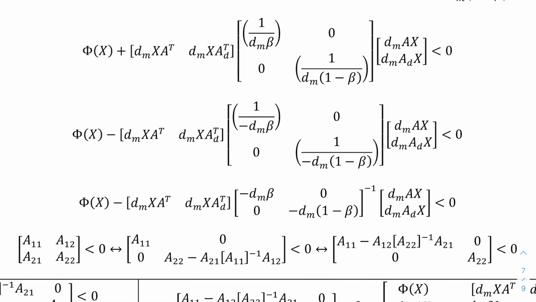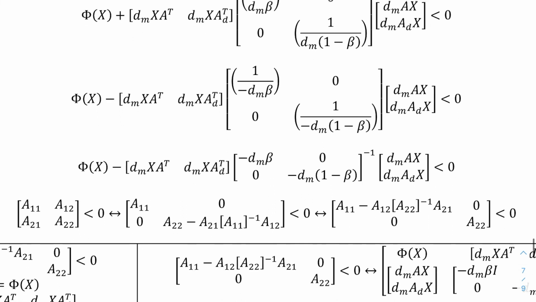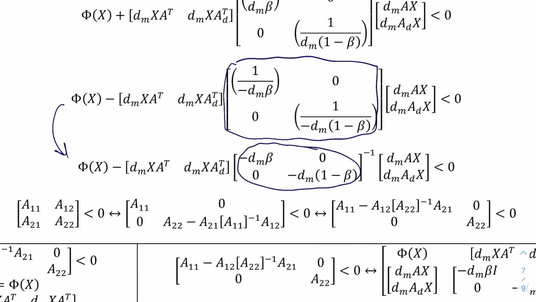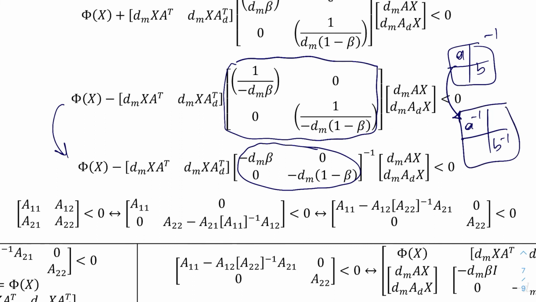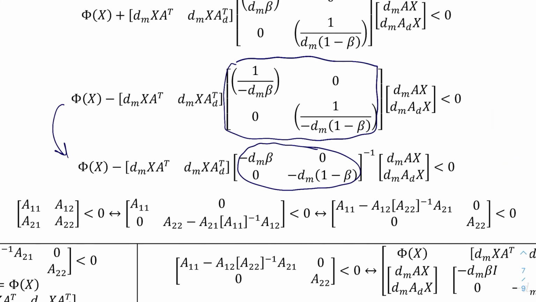Usually these are the kind of things where you think, hey, why would you do that? For example, this is a matrix, and this is the inverse of that matrix. Recall that for A, B, since this is diagonal, the inverse of that is A inverse and B inverse, right? The same situation is going on. Okay.